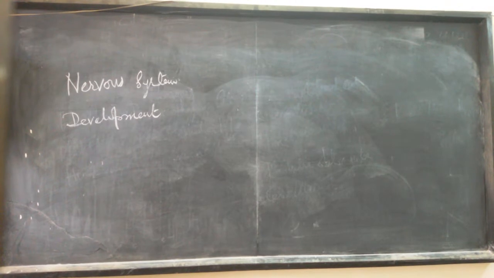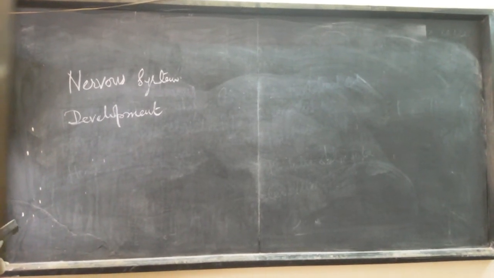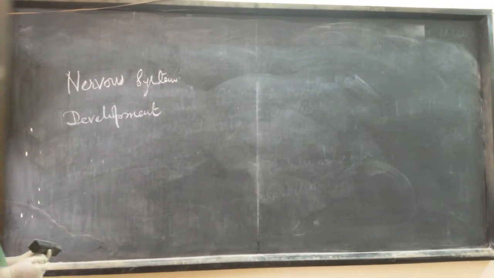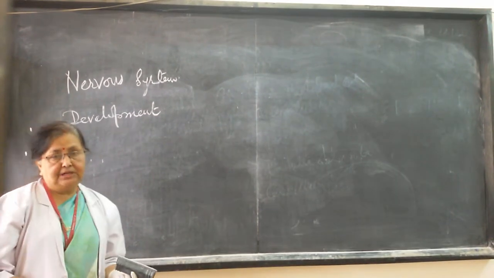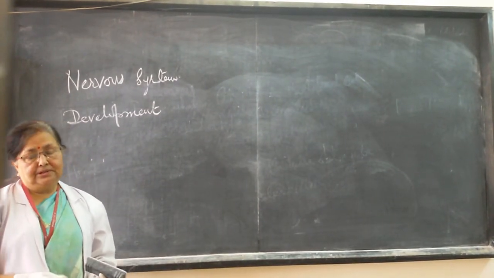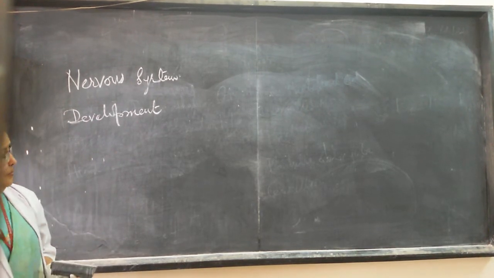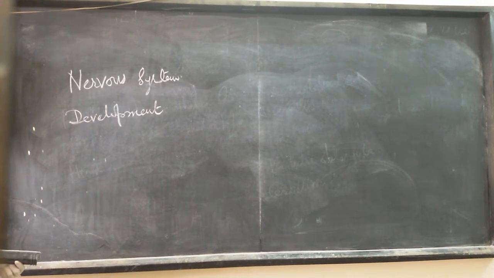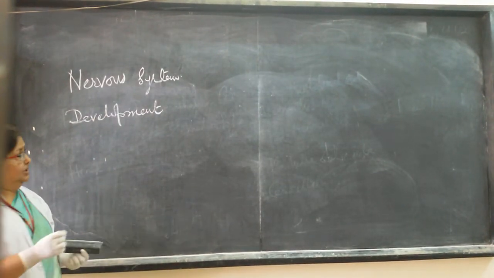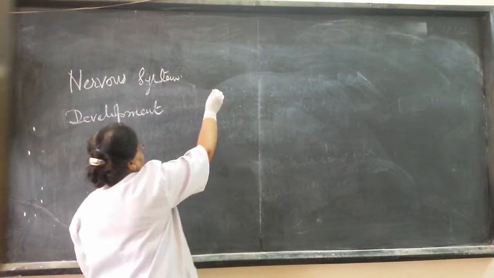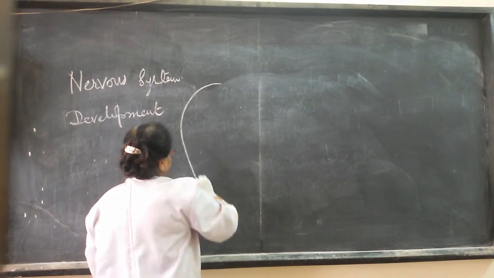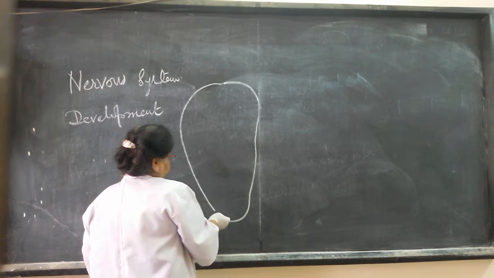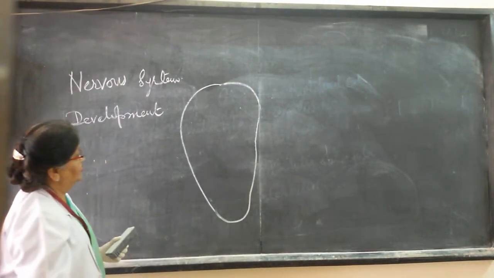For seeing the development, we should have a look at the trilaminar germ disc, having three layers: the ectoderm, mesoderm and endoderm. This is the germ disc.